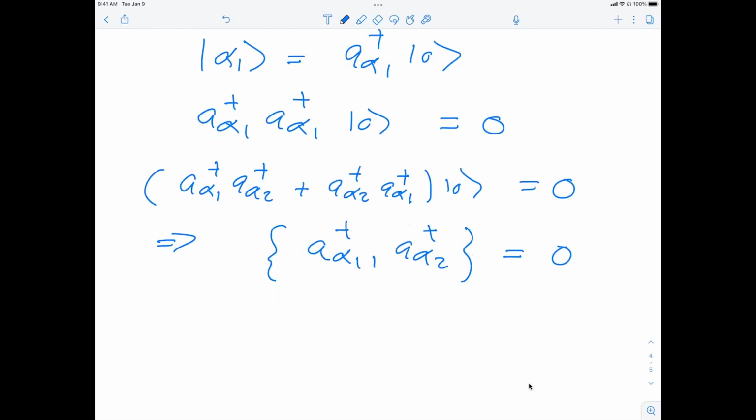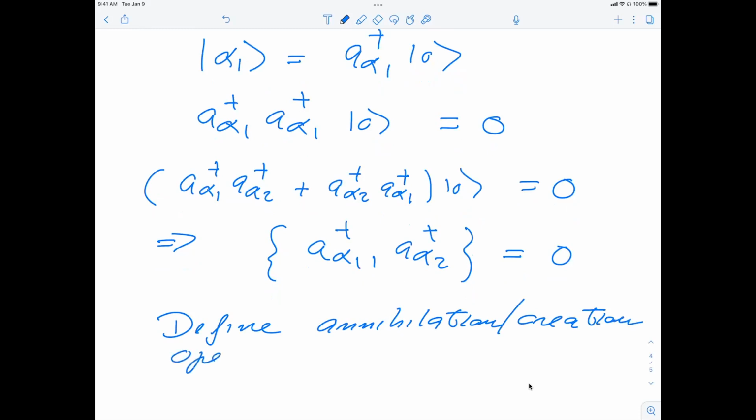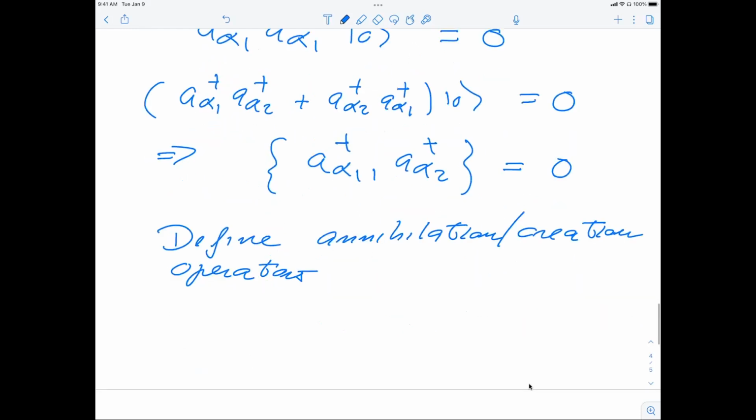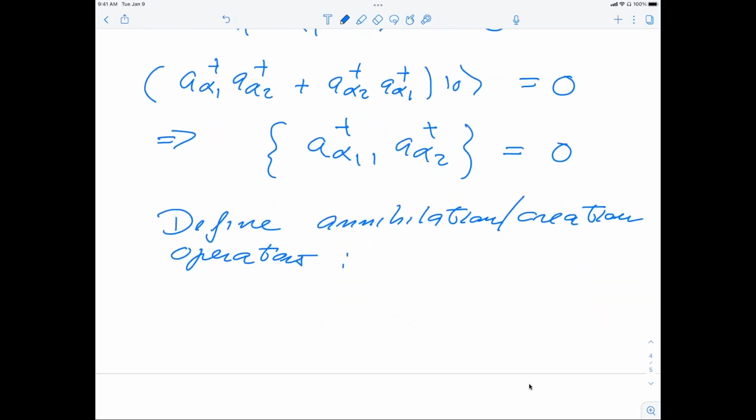So the next thing which we need is to define what's called a creation operator, an annihilation operator, after we've done the creation operator. So we would now define the next element, so-called annihilation operators. And in that case, this is simply the Hermitian conjugate of the creation operator.